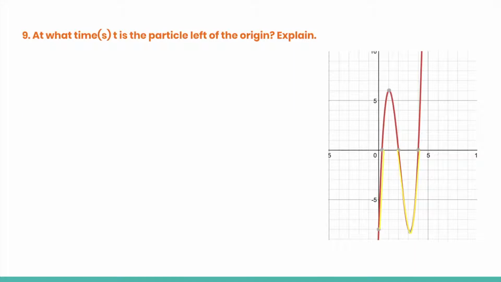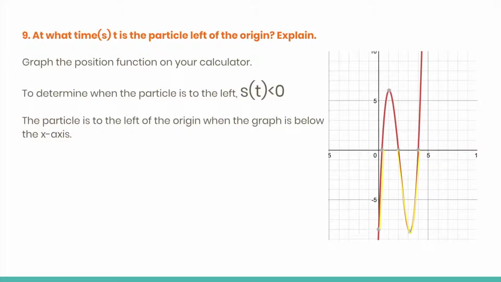Question number 9 is, at what time or times is the particle left of the origin? For this, you're going to graph the position function on your calculator, and to determine when the particle is to the left, S of t must be less than 0. So the particle is to the left of the origin when the graph is below the x-axis.